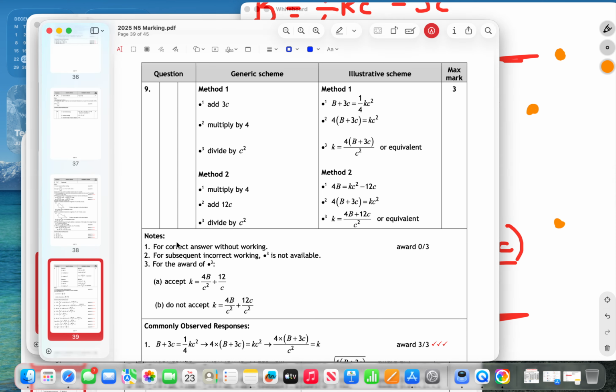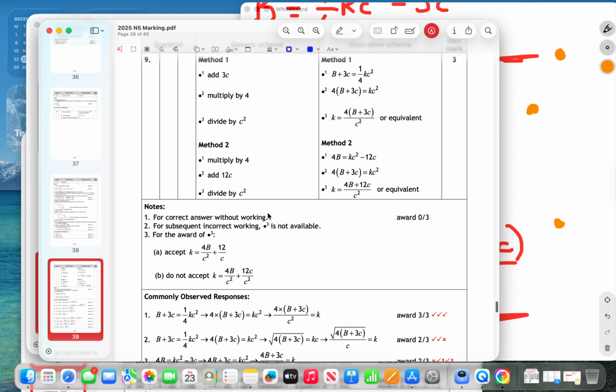You've also got a second method which, in my opinion, is much more complicated, but you can do these in a slightly different order. So you multiply by 4 to get rid of the 1/4. You multiply both sides by 4. If you showed no working, you get no marks, because part of the question is you being able to show that you perform operations to both sides of the equation.